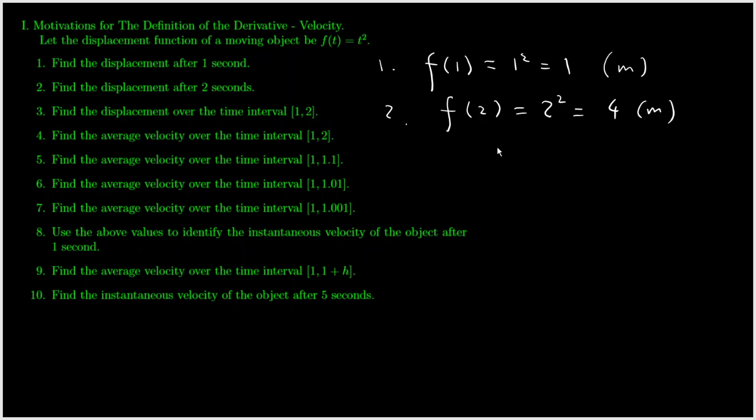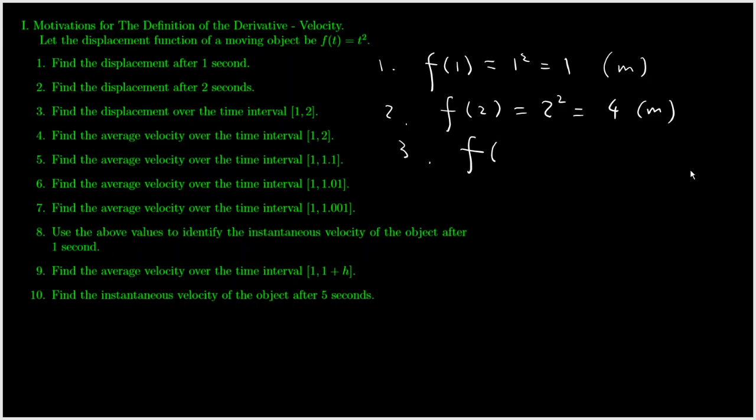Yeah, 3 meters, right? We just compute the difference between two values. So the answer to question 3 is simple. If you want me to show you how this number is computed, the number is computed by subtracting the two numbers you found in question 1 and question 2.